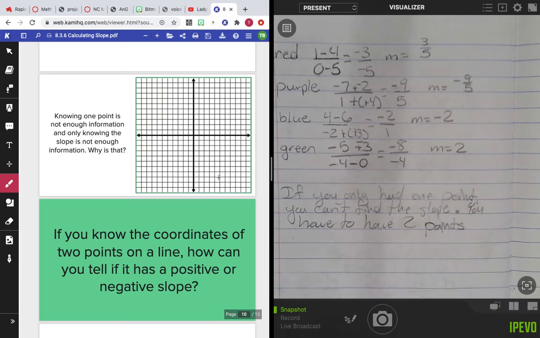You have to have 2 points. So that's why only having 1 point is not enough. It will not tell you what your slope is. You won't even know where you're going, any of those things.